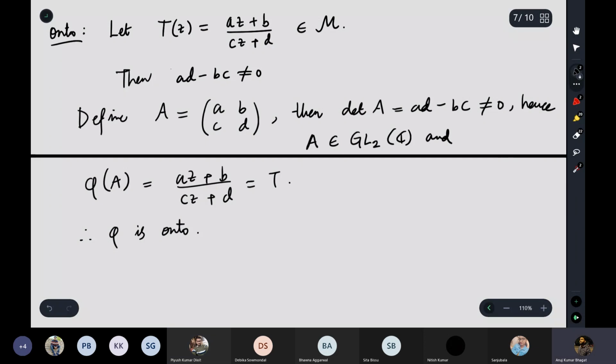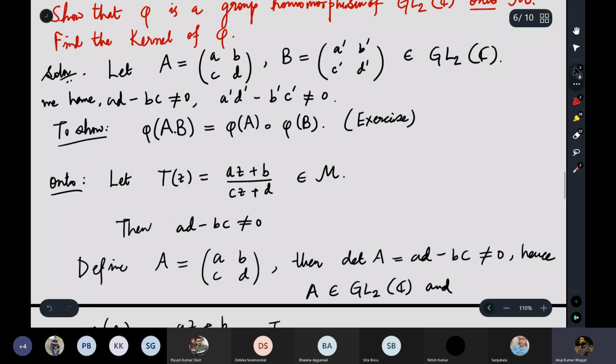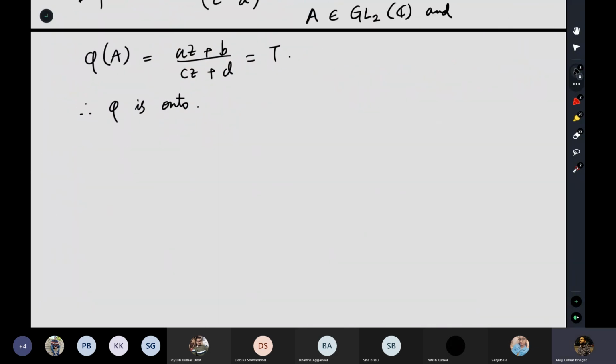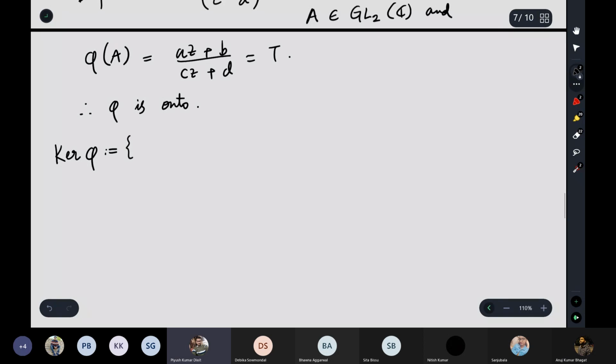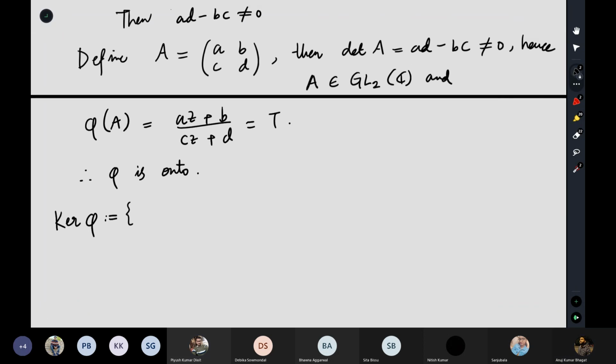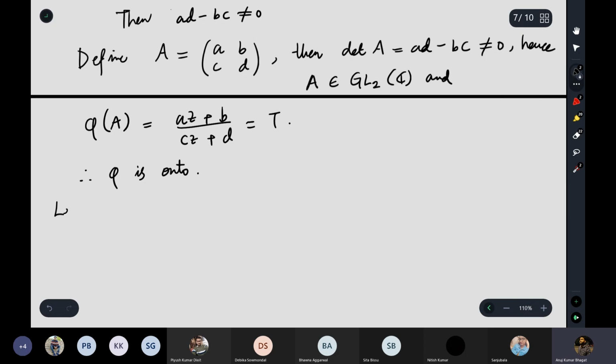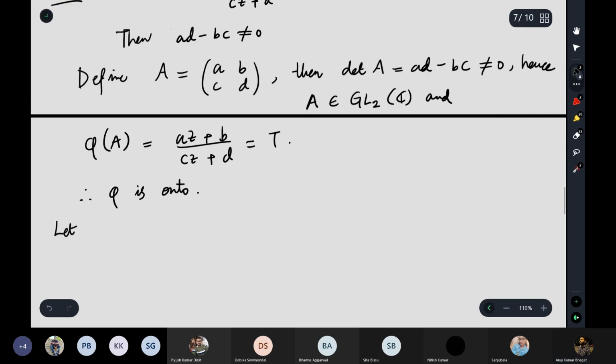Yes, sir. Okay. What is the kernel of phi? So what is the definition of kernel? Can you tell me what is the definition of kernel? The set of all x such that phi of x equals identity. So let me pick any member from the kernel. Just a minute.